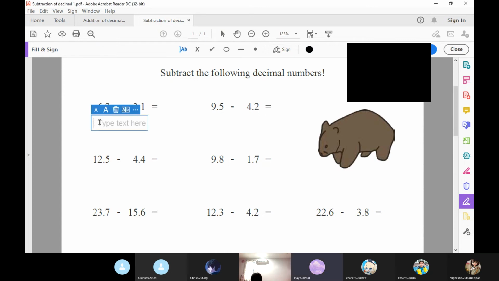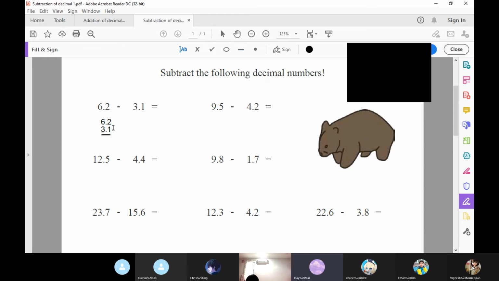Put the biggest number. Okay. 6.2 and 3.1. And then?